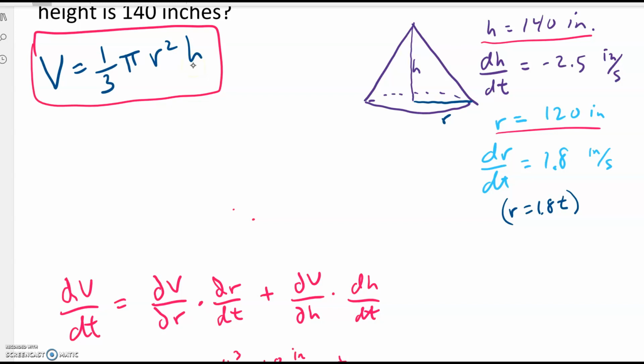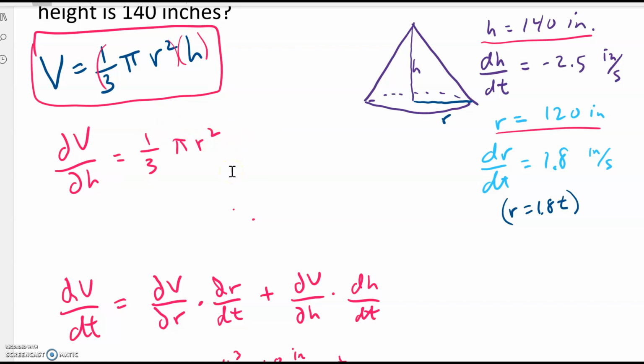So now h is the variable. 1/3 pi r squared is all just a constant. And so I've got a constant times h. So dV/dh is just 1/3 pi r squared. The derivative of h is 1, and then times the constant.